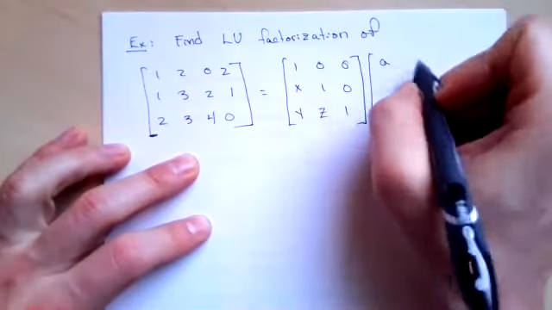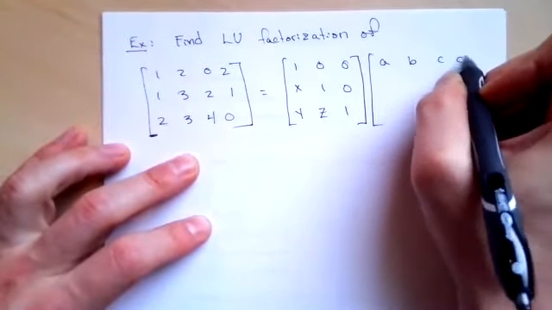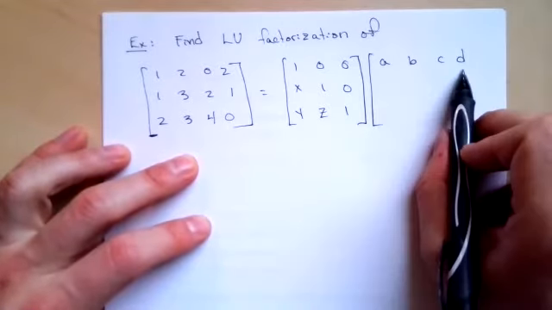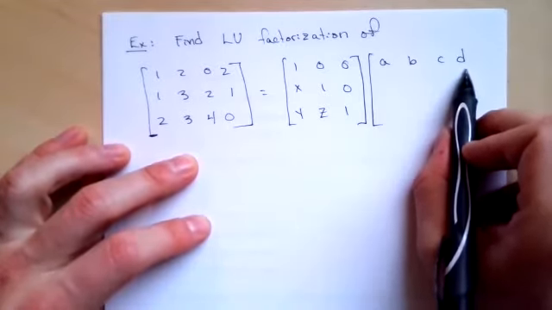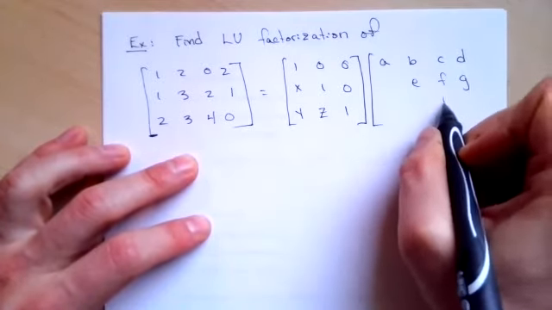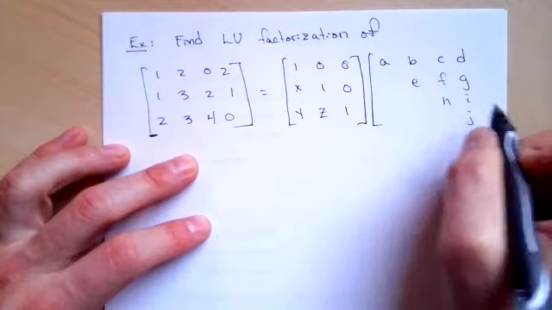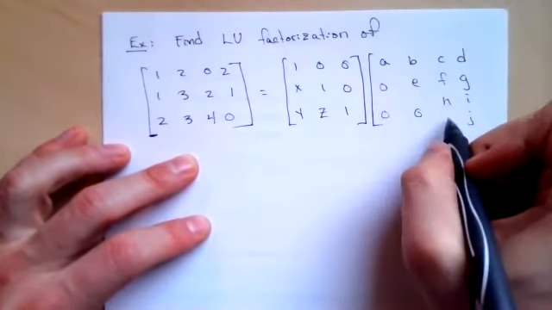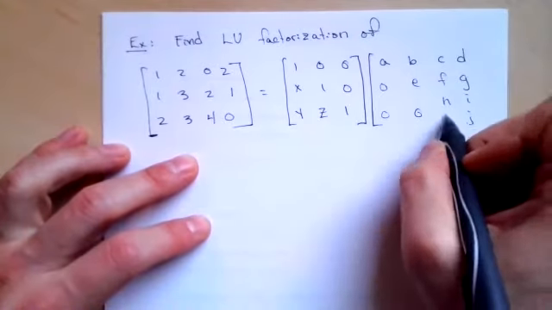The upper diagonal is going to have all of its non-zero entries on the upper side of the triangle, and then below the diagonal, it's going to have all zeros.